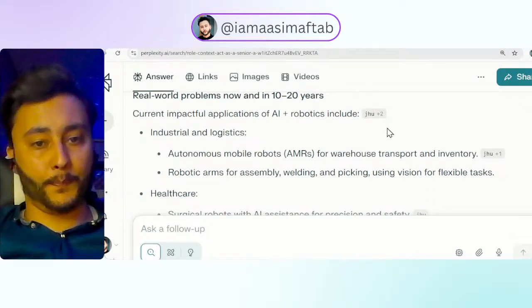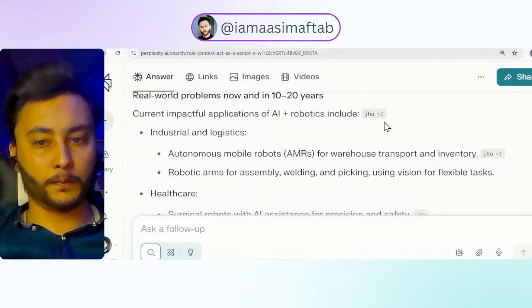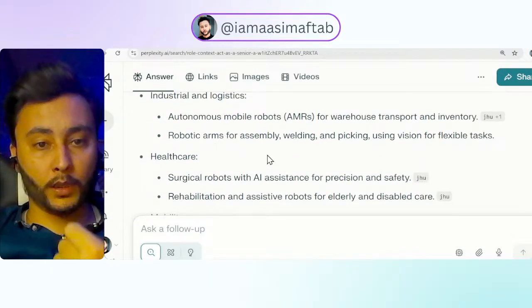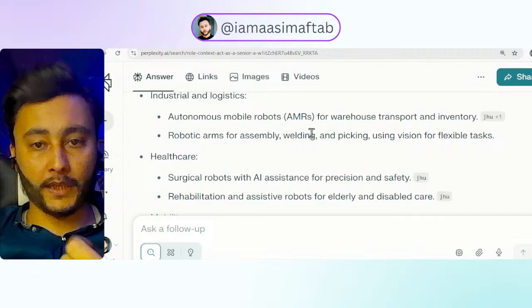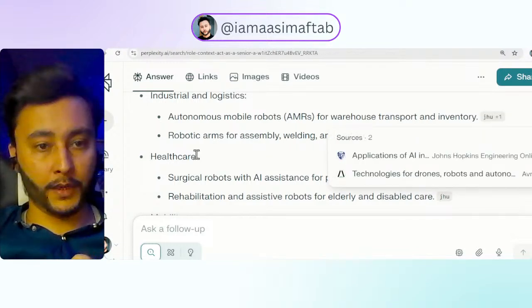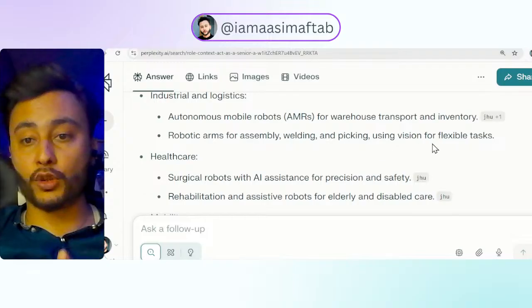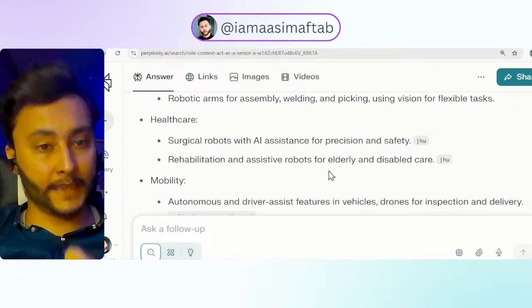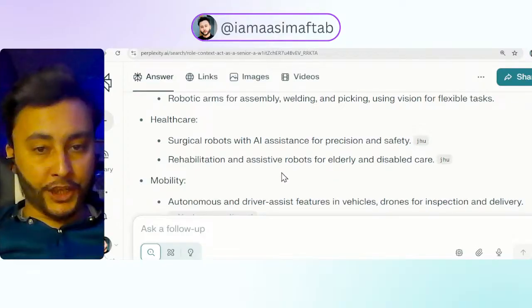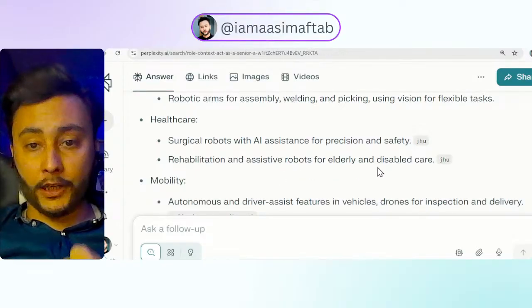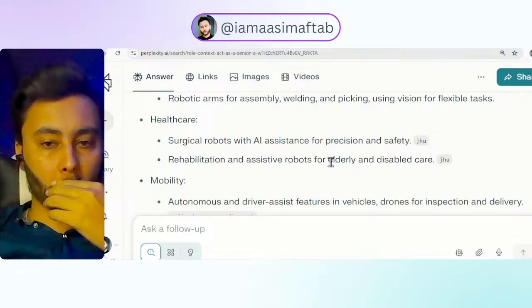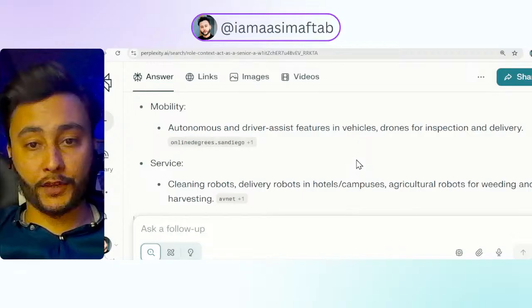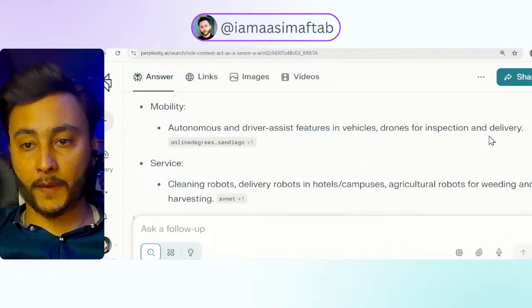Current impactful applications of AI plus robotics include these resources. Industrial and logistics: autonomous mobile robots (AMRs) for warehouse transport and inventory, robotic arms for assembly, welding, and picking using vision for flexible tasks. Healthcare: surgical robots with AI assistance for precision and safety, rehabilitation and assistive robots for elderly and disabled care. Mobility: autonomous and driver-assist features in vehicles, drones for inspection and delivery.